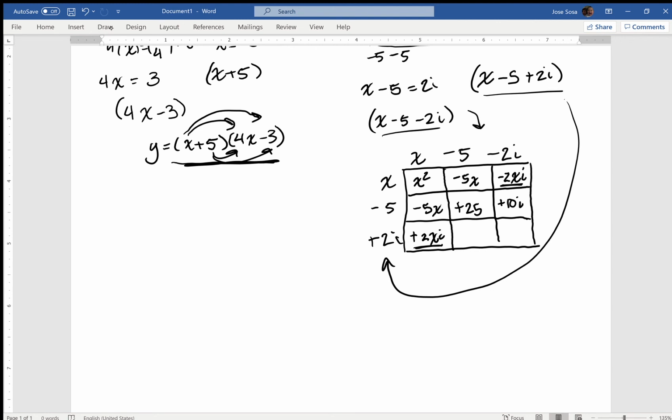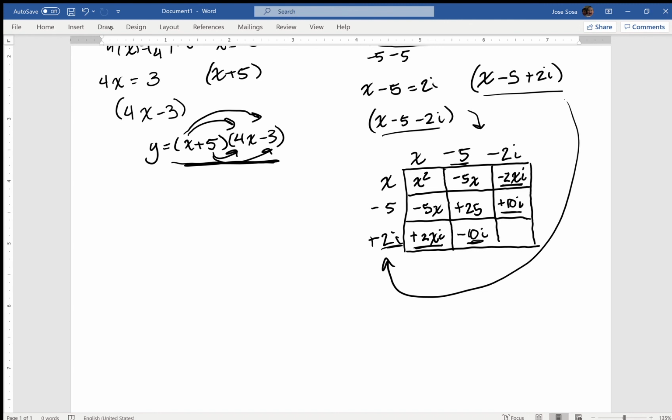I actually wanted to put 2ix, but I wrote 2xi. So same deal. You guys know what I mean here. So minus 10i, because negative 5 times positive 2i is negative 10i, and notice that there's the positive 10i there, negative 10i, and so those will cancel out in the end.